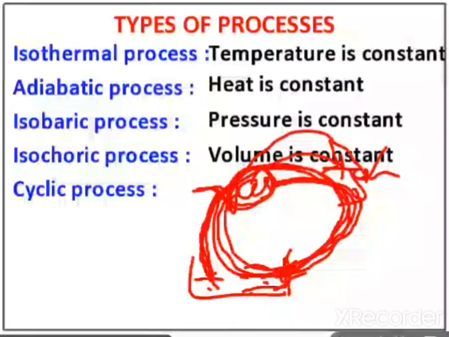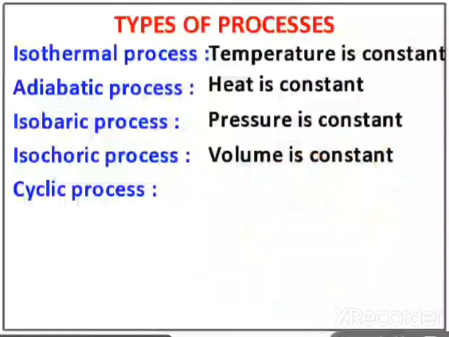So from 10 degree we started, and we came into 10 degree. So in the path, temperature is changed, but at last the temperature is same. Such type of process where from the point we have started the reaction, in that point we'll reach finally, that is called cyclic process.